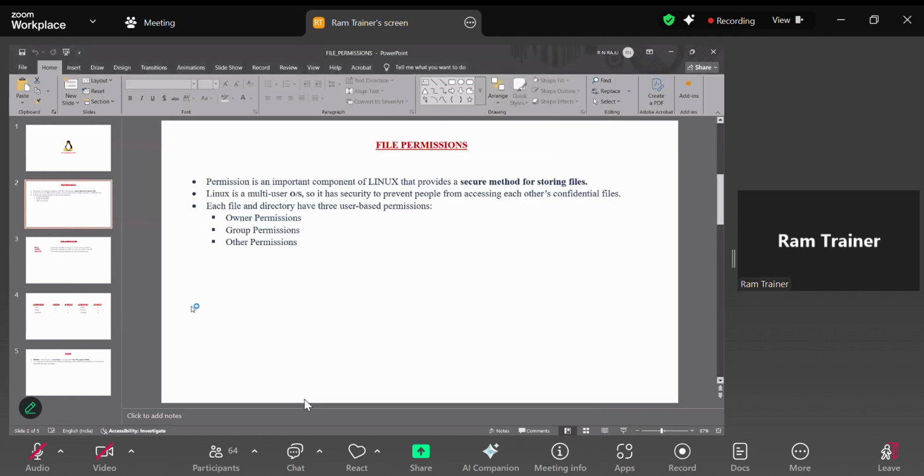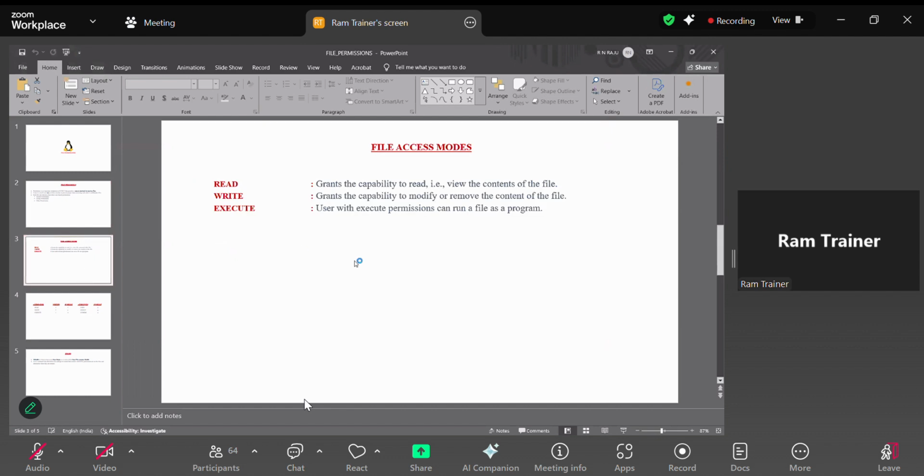And next, what about file access modes? Every file or directory has again three access modes only: one is read mode, another is write mode, and the third is execute mode.